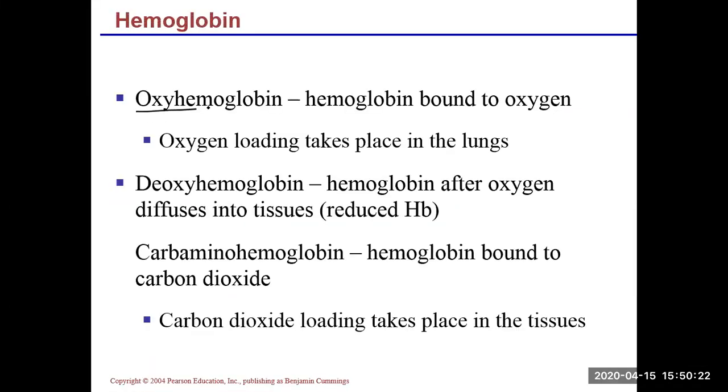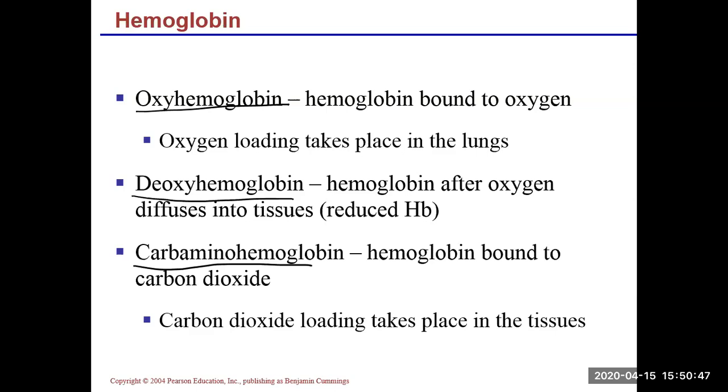Carrying the oxygen, they call it oxyhemoglobin. This is when the hemoglobin is bound to oxygen. If it unloads the oxygen, it is called deoxyhemoglobin. And when it unloads and loads the carbon dioxide, the term is carbaminohemoglobin. That means hemoglobin bound to carbon dioxide.